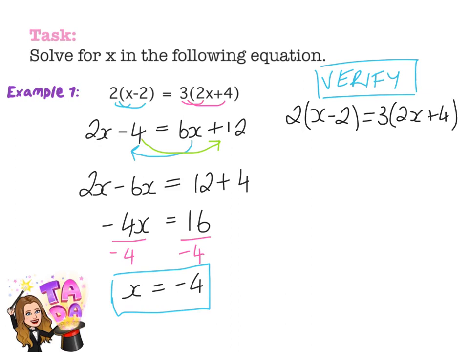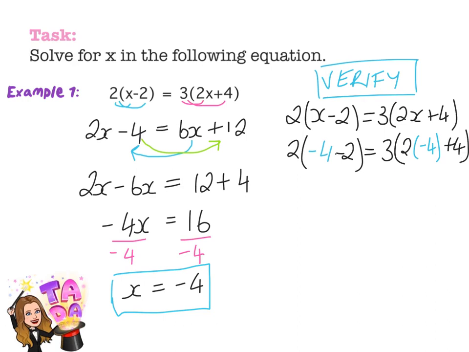Okay, so we're going to substitute in, well, we have 2 times, well, straight away we've got minus 4 minus 2, equal to 3 times 2 by minus 4, and that's plus 4 as well. Close the brackets.